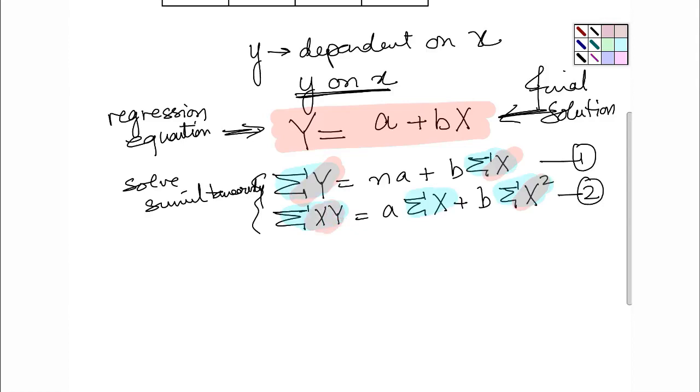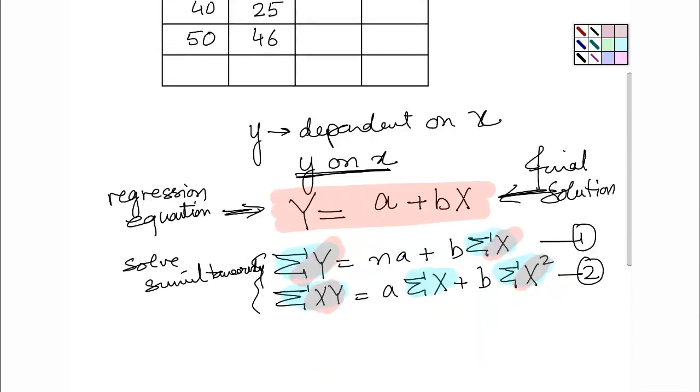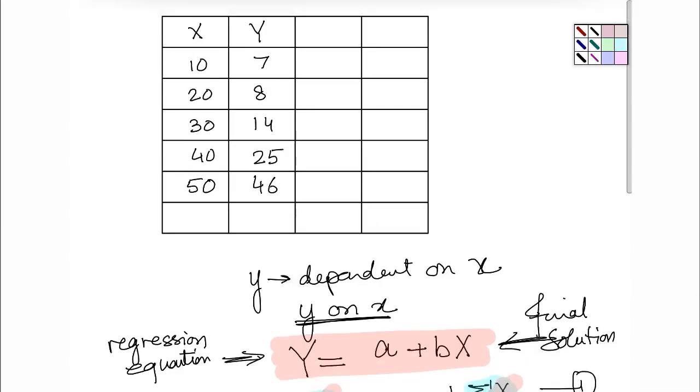So 4 different summations I need. Let me go ahead. So let me make 2 more columns over here of xy and x square.